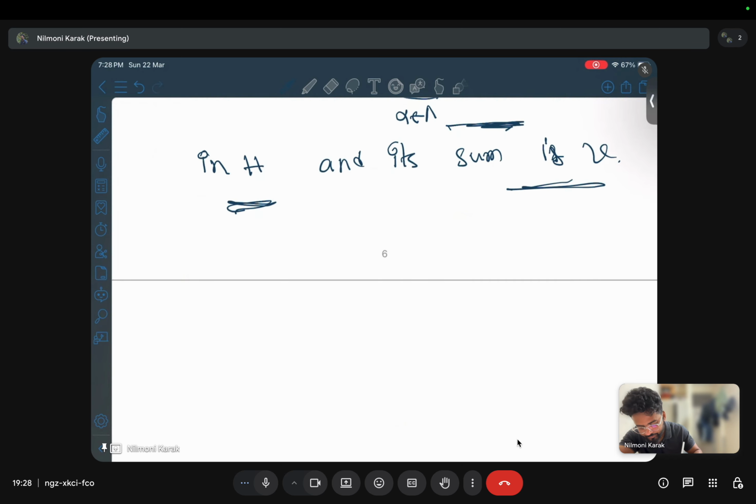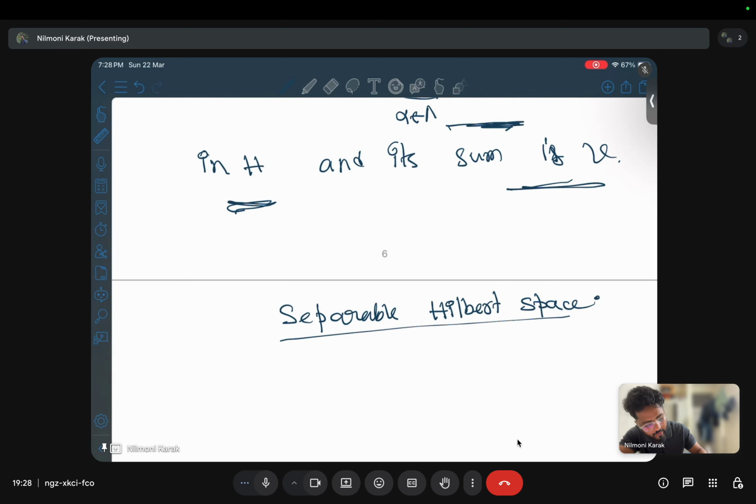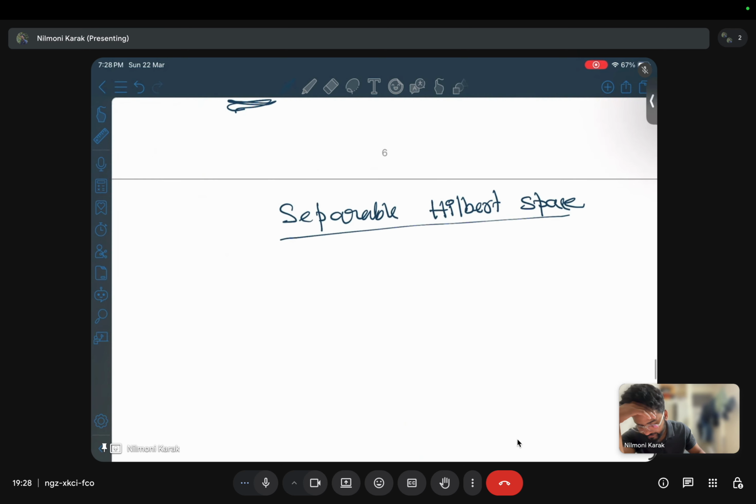Now, separable Hilbert space. So you know what is a separable metric space?